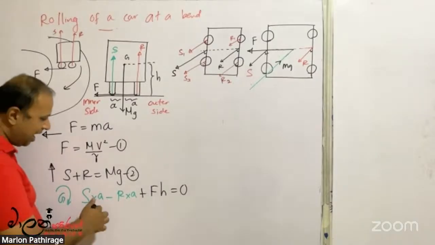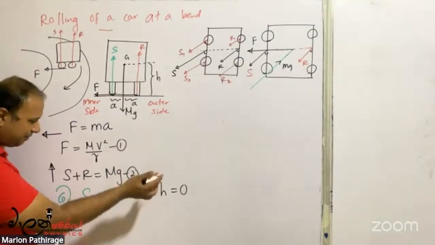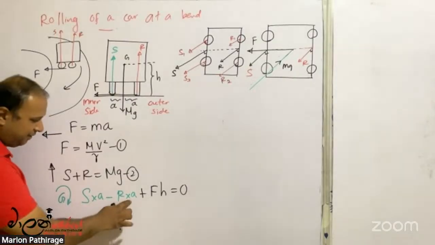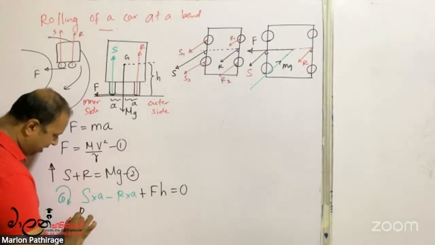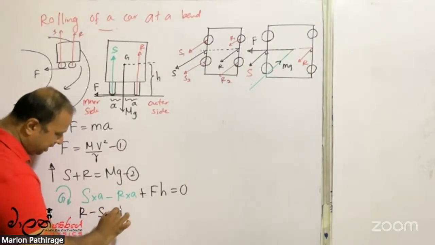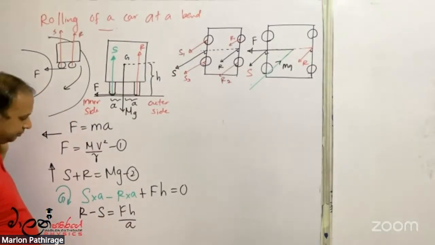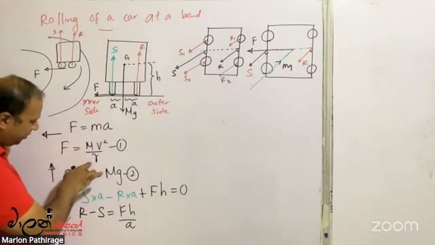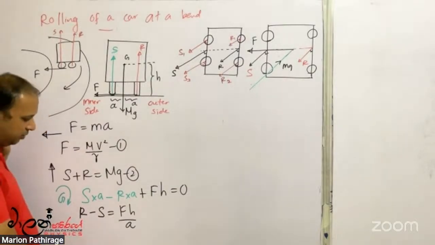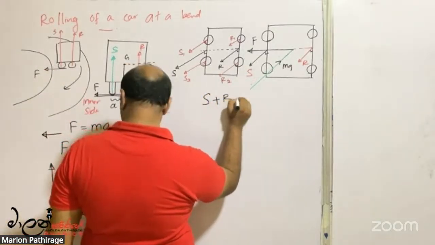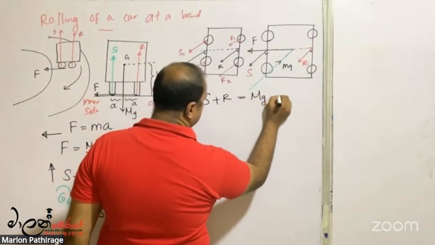Therefore, R minus S should be equal to F H over A. And here F is equal to mv squared over R, and you can apply that here. Also, S plus R is equal to mg. That is number 2.